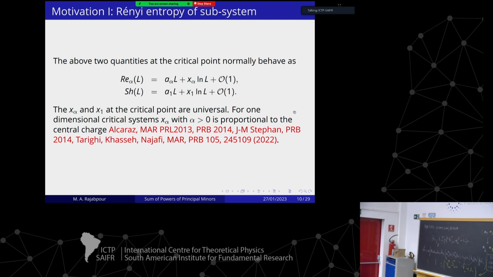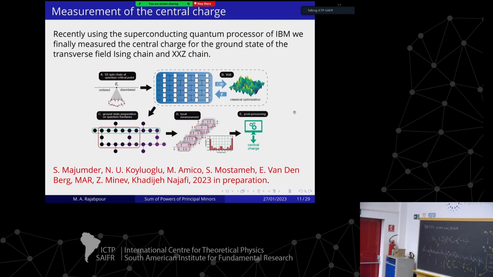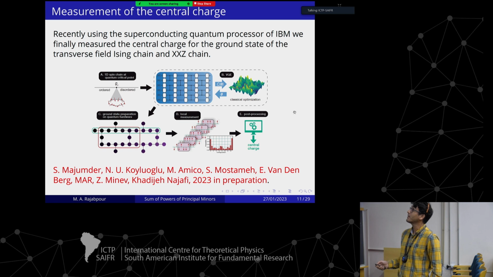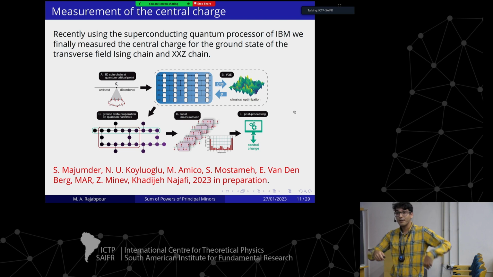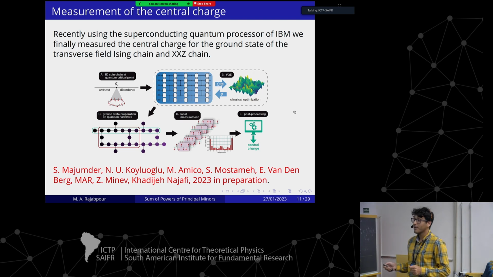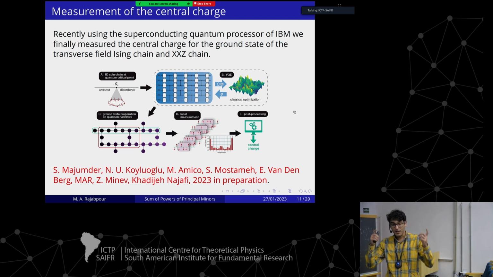Well, this is something that numerically we knew for a long time. Recently my colleague Sona Najafi, who is at the Watson Center in IBM, started playing with superconducting quantum processors, and they were able to actually make a ground state of a critical Ising chain with 12 sites.